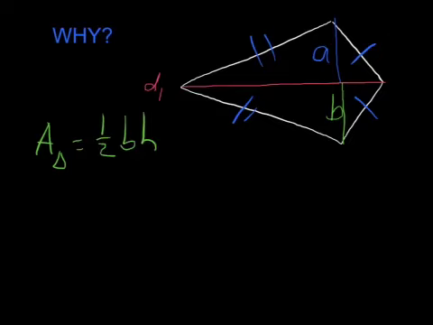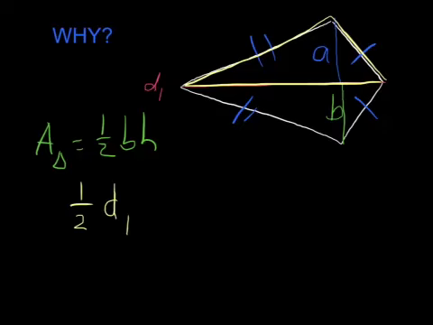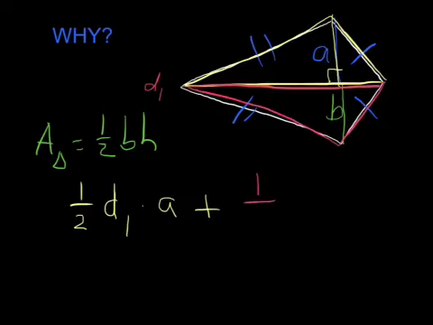So I'm going to try to find the area of this top triangle here, which is 1/2 times the base, which is diagonal 1, times the height, which is this perpendicular height A. And I'm going to add that to the triangle on the bottom, which is 1/2 the base, diagonal 1, times its triangle's height, which is B.